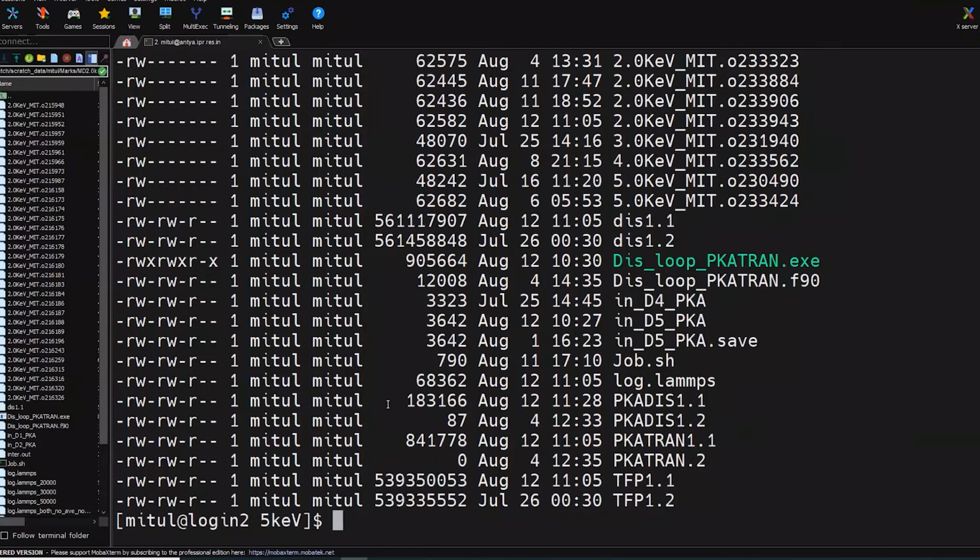I have already installed LAMMPS on my computer. I'm presently using LAMMPS on my cluster.